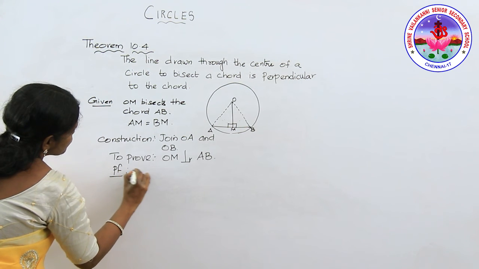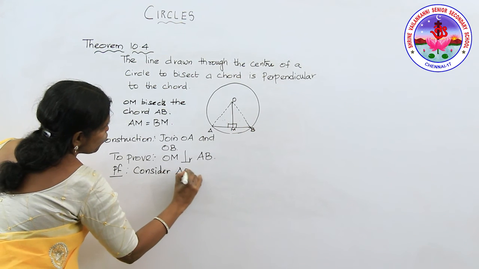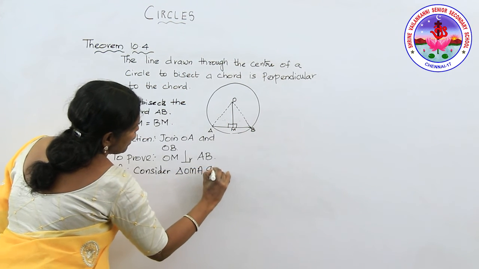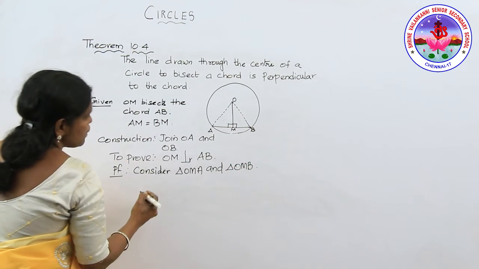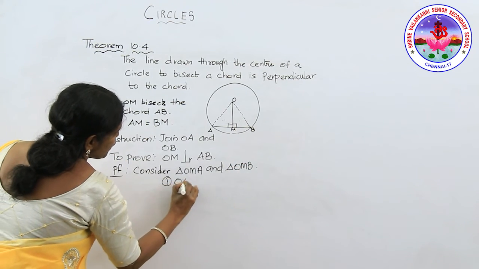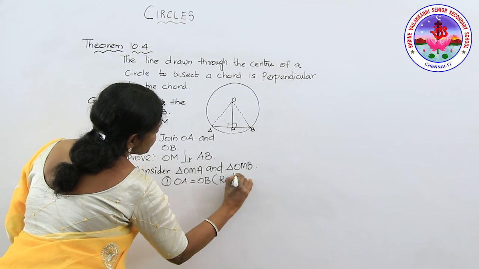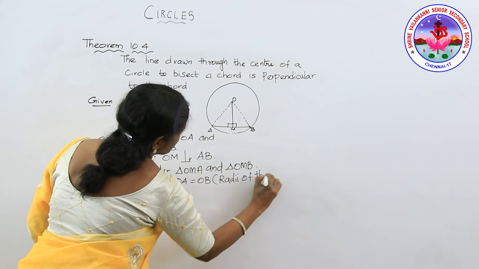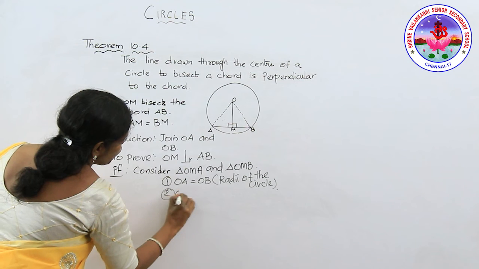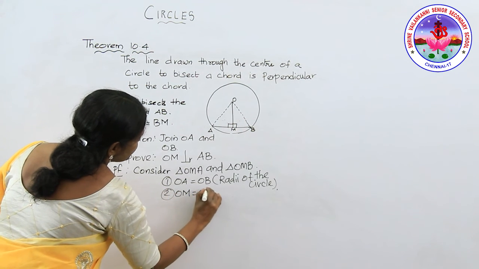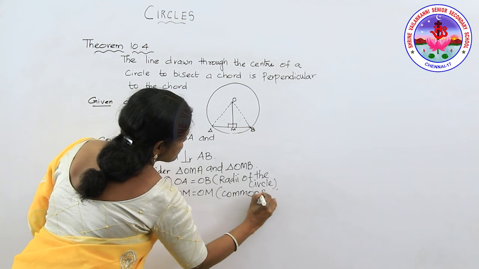Coming to the proof, let me consider triangle OMA and triangle OMB. In this we know that OA is equal to OB because they are radii of the circle. Next, we know that OM is common to both the triangles. So I am writing this as common side.